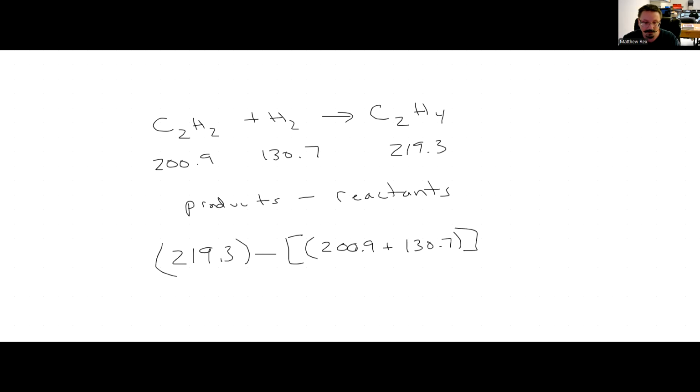So what I get is negative 112, or 112.3.